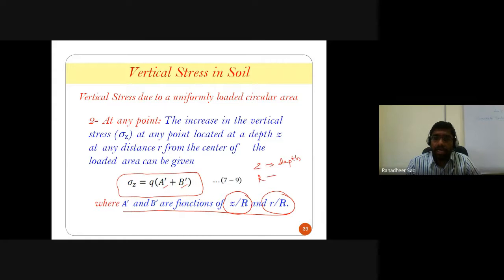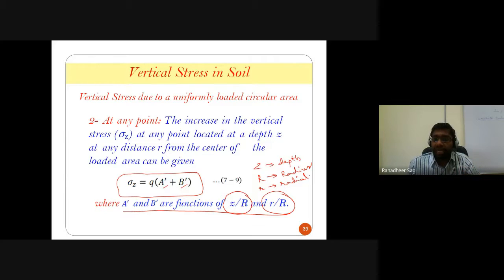Capital R indicates the radius of your circular loaded area, and small r is the radial distance of the chosen point from the center of the loaded region. So from the center of that loaded region, at what radial distance the chosen point exists, and at what depth it exists from the ground surface, that indicates your z value.